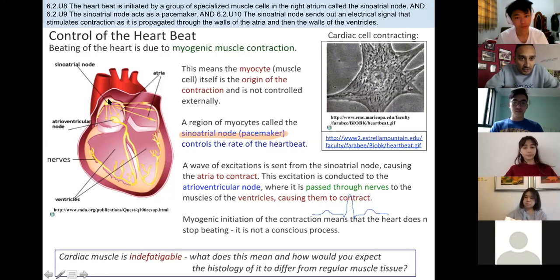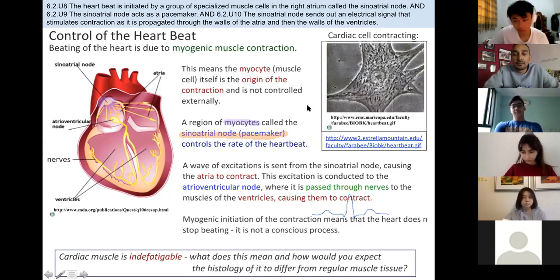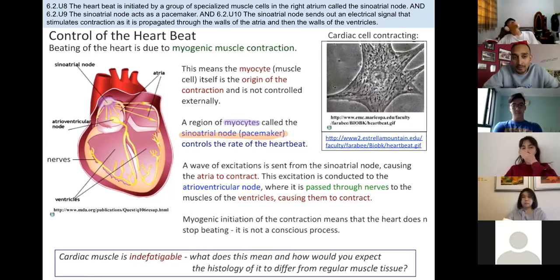And the sinoatrial node is this bundle right here of a specific type of cell called a myocyte. We're supposed to know their location. Yes, I'm going to show you another diagram in a second.